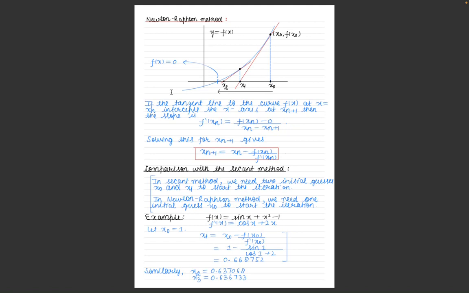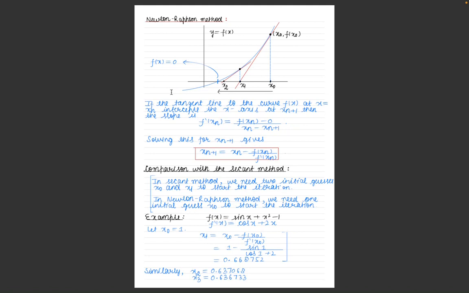So let's say this is our curve. Now, we start with some initial guess. Let's say this is our initial guess, x naught. And this point will be x naught comma f of x naught.